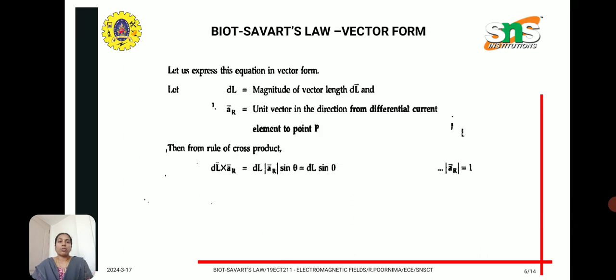So in vector form we can write the Biot Savart law using dl, the magnitude of the vector length, and ar cap, the unit vector in the direction from the differential current element. Using the cross product we can write dl cross ar cap. So the magnitude of dl ar is dl sin theta.